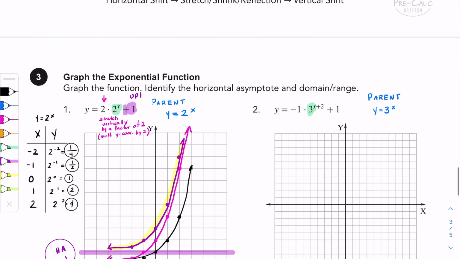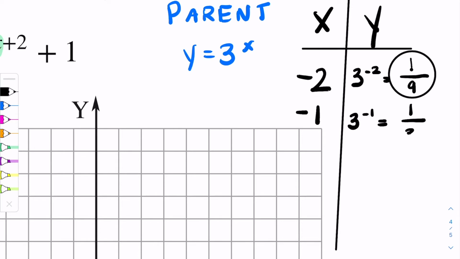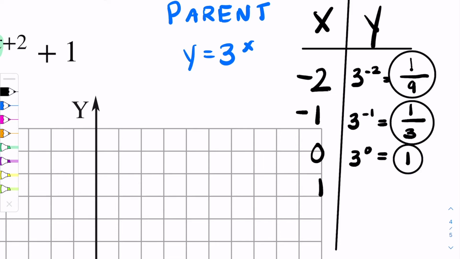Before we do anything, we need to find the values for this function. I'm going to test my key points, starting with -2. 3 raised to the power of -2 is equal to 1 over 9. For -1, 3 raised to the power of -1 is 1 over 3. For 0, 3 raised to the power of 0 is 1. For 1, 3 to the power of 1 is 3.